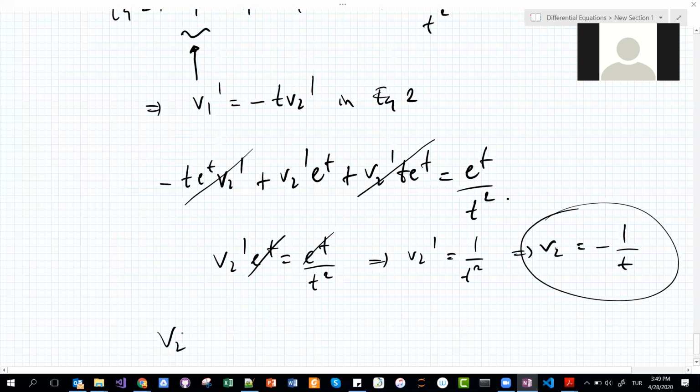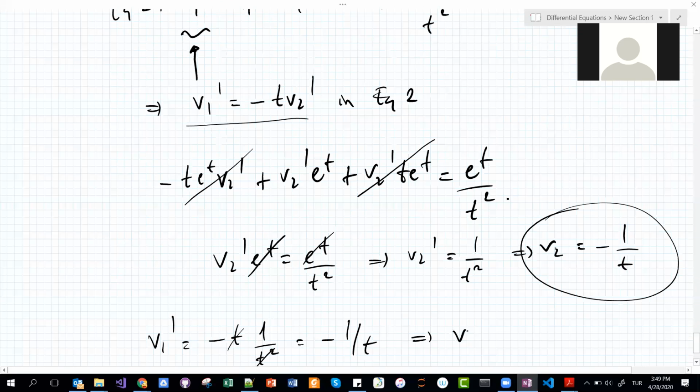I need to find out what the v1 is. To do that, I have the v1 prime here. v1 prime is equal to negative t times v2 prime. I have the v2 prime here, so I can just use it directly. The t will go away, negative 1 over t. So from here, v1 is going to be equal to negative ln t. Okay?